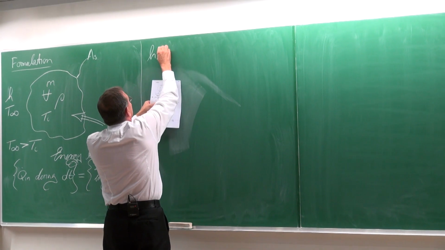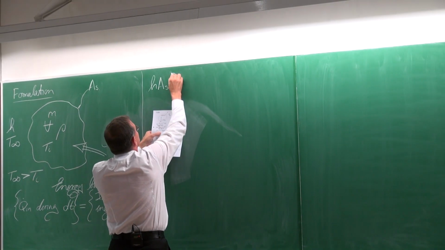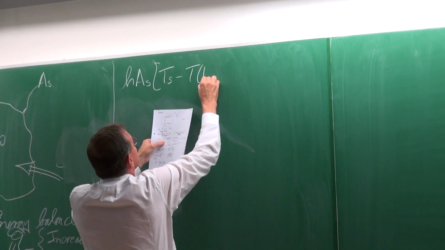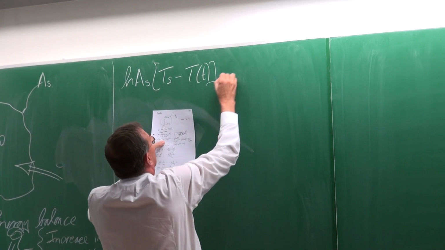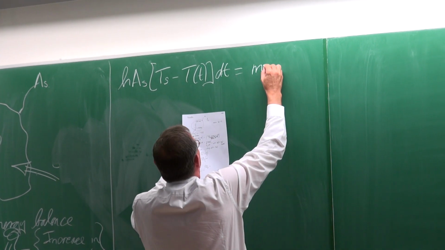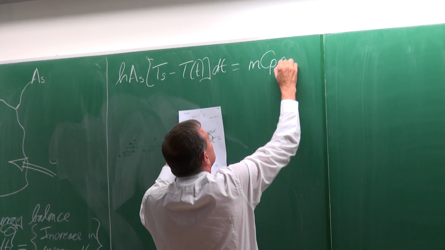It's the heat transfer coefficient multiplied by the surface area multiplied by Ts minus the temperature T, over the time period dt, is equal to the mass Cp dt.